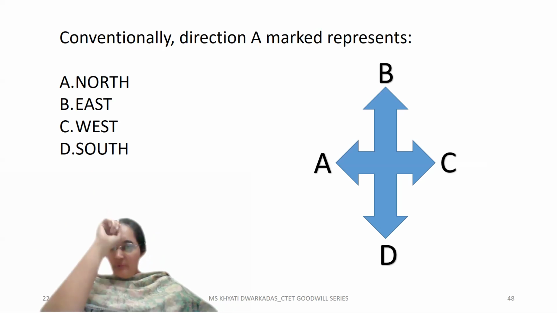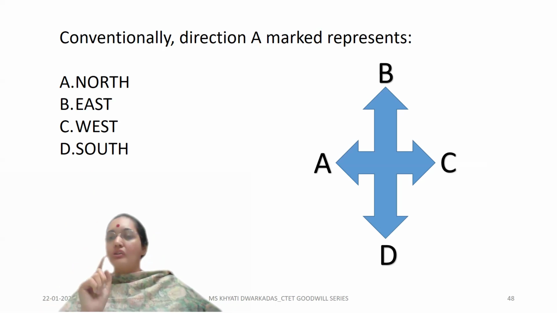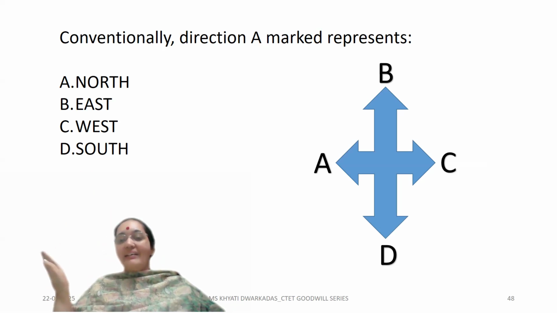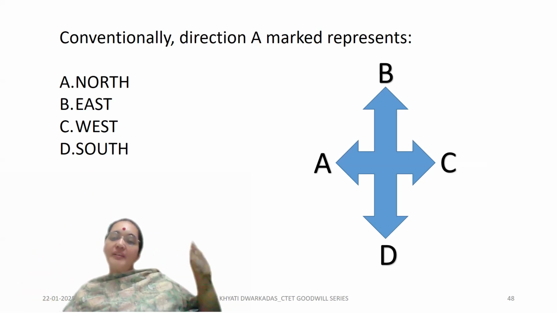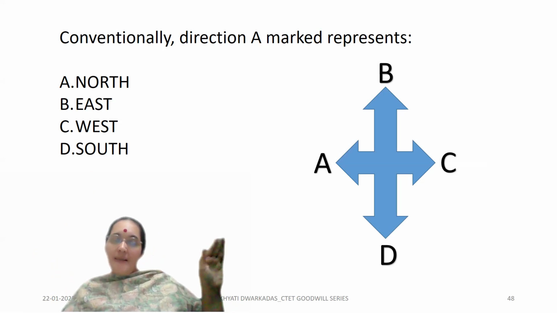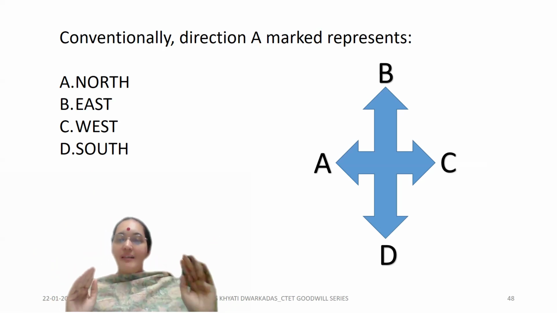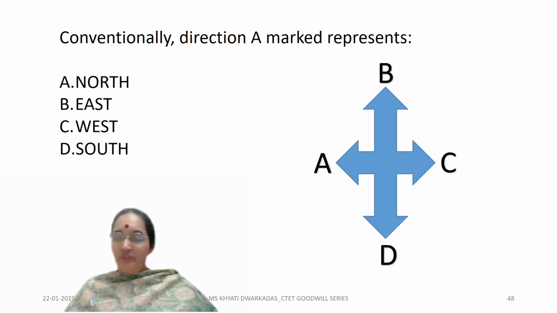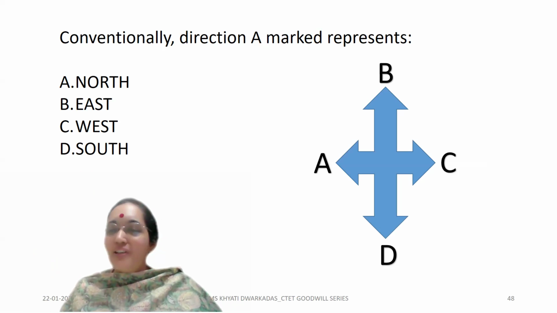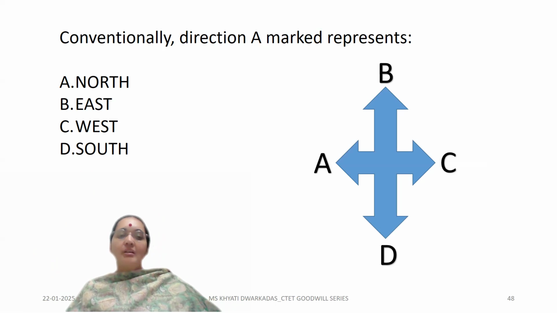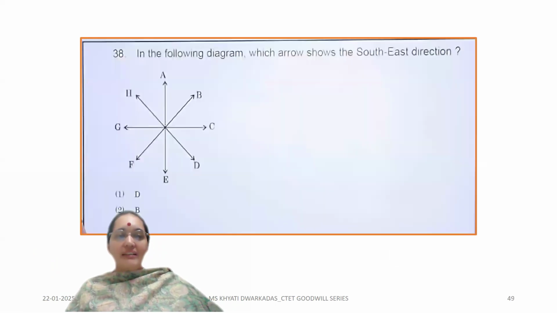To your head will always be the north. To your toes will always be the south. To your right hand is the east. To your left hand is the west. So if you didn't get it right this time, make sure you catch it up. But good to all those who've got it right.